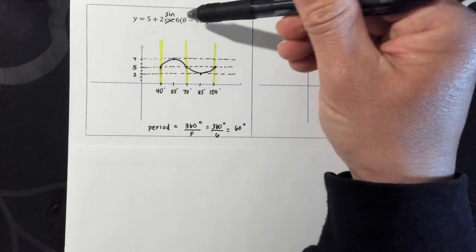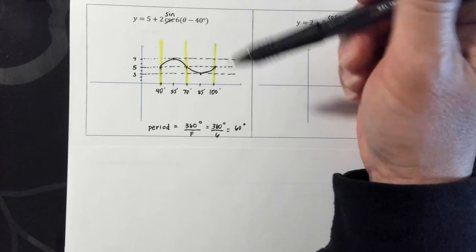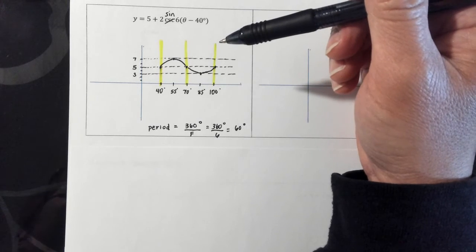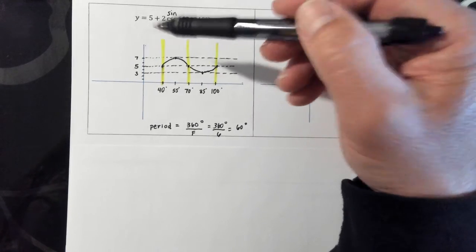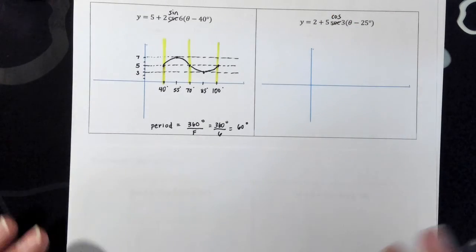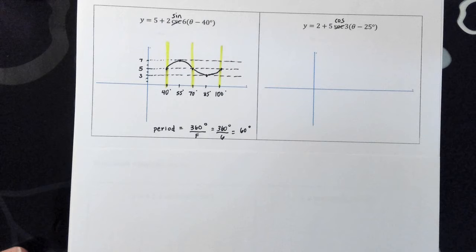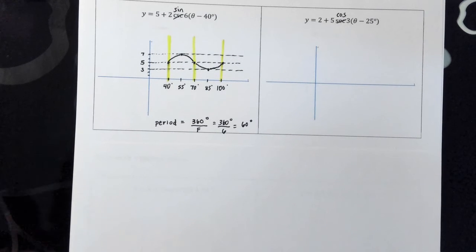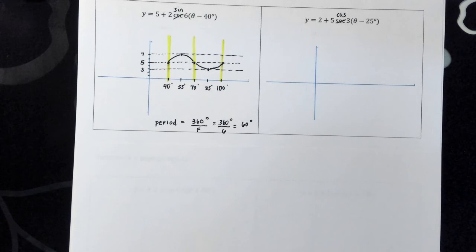Oh, cosecant of 0 is undefined. Sine is defined. Sine of 0 is 0. Cosecant of 0 is undefined. So that's why you get a vertical asymptote. Whew. Okay, and all of that you do just so that you can graph cosecant.